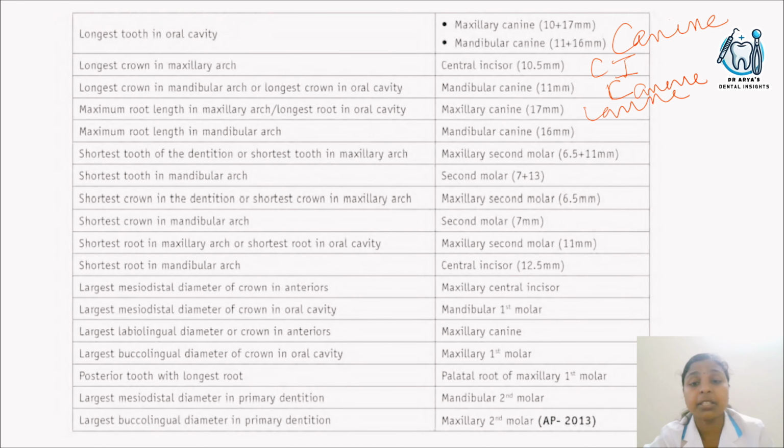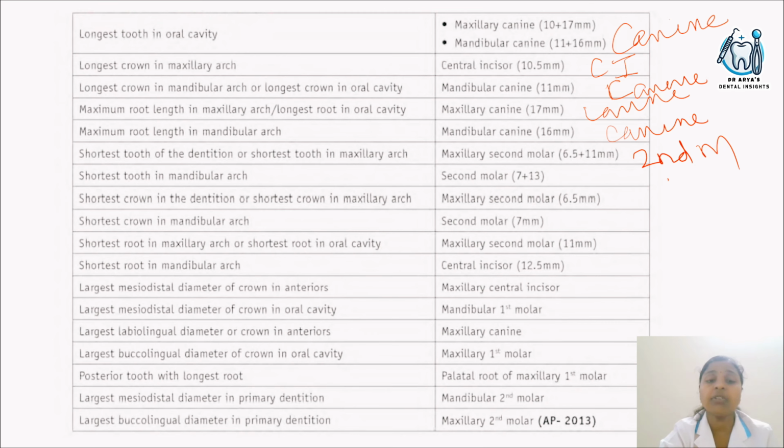Maximum root length in the mandibular arch is also the canine, that is, for the mandibular canine, 60 mm. Then next is the shortest tooth of the dentition, or the shortest tooth in the maxillary arch, which is the maxillary second molar. In the mandibular arch it is also the second molar.